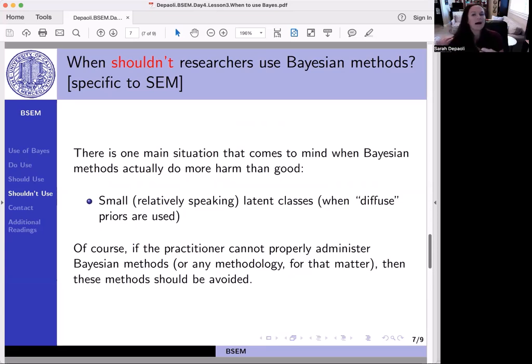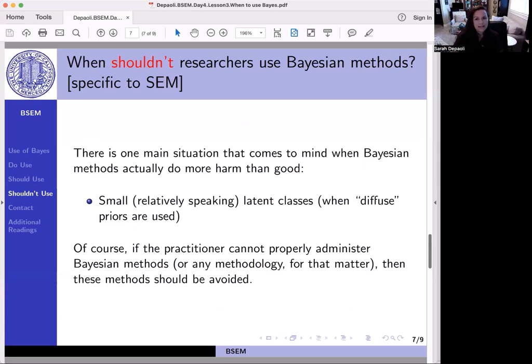Say you have a latent class situation and you want to test a 3-class model. You have no clue how large the latent classes are relative to one another. So you implement a default diffuse prior on the latent class proportions.